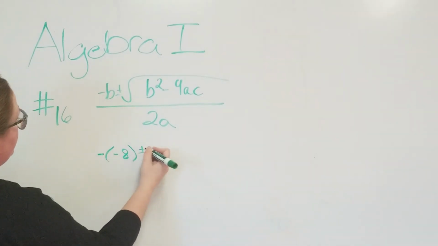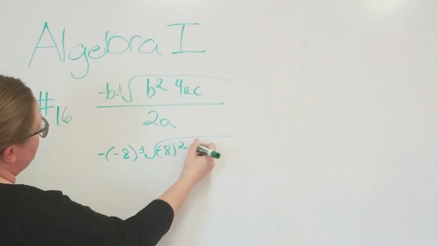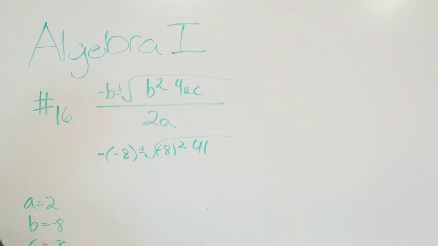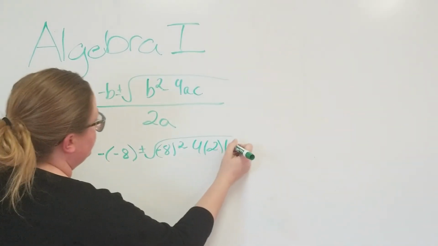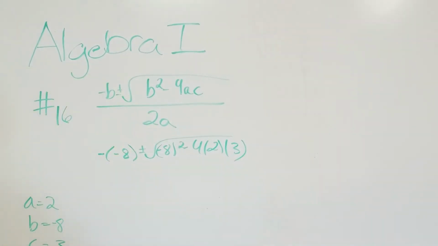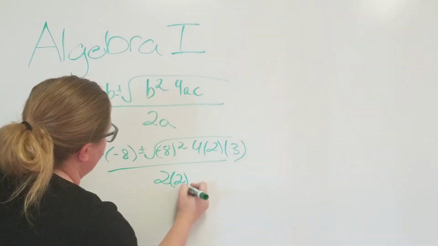Plus or minus negative 8 squared minus 4 times A, which is 2, and C, which is 3, all right, over 2 times A, which is 2, 2 times 2.